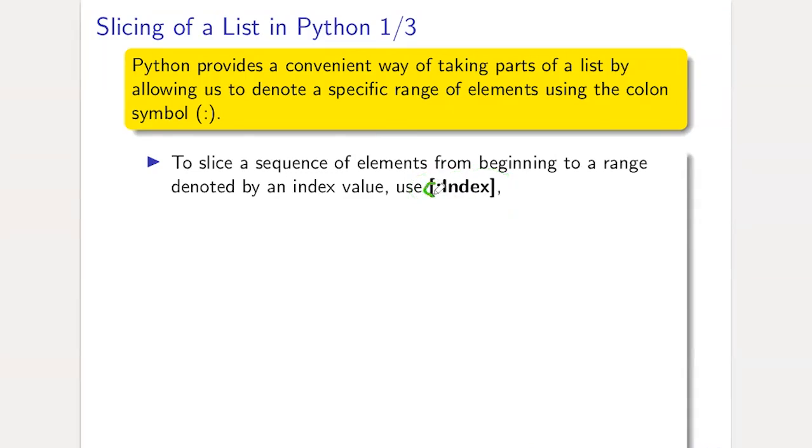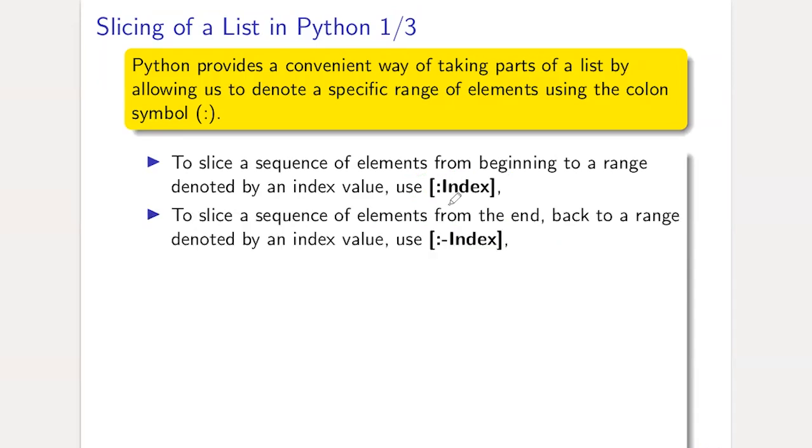It is implicit that it is 0, then colon, and the index up to which we want to cut the list. That is starting from the 0th element, from the front. If you want to do the same thing starting from the end, we can specify it in this manner by giving a negative index.